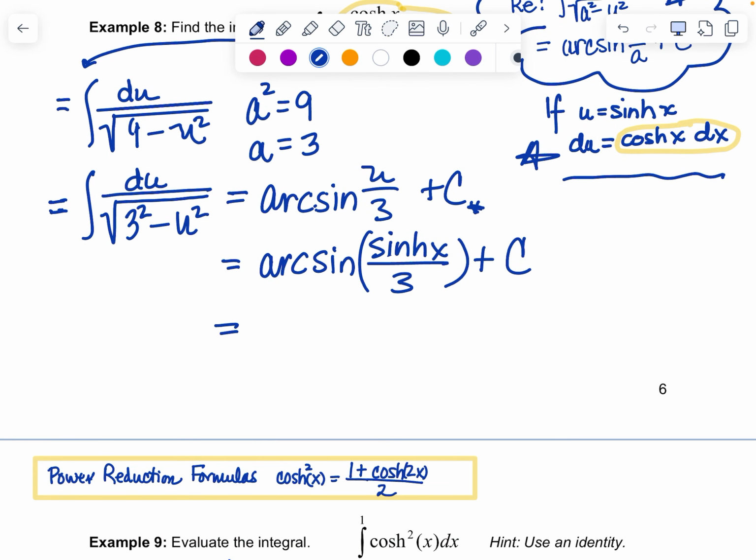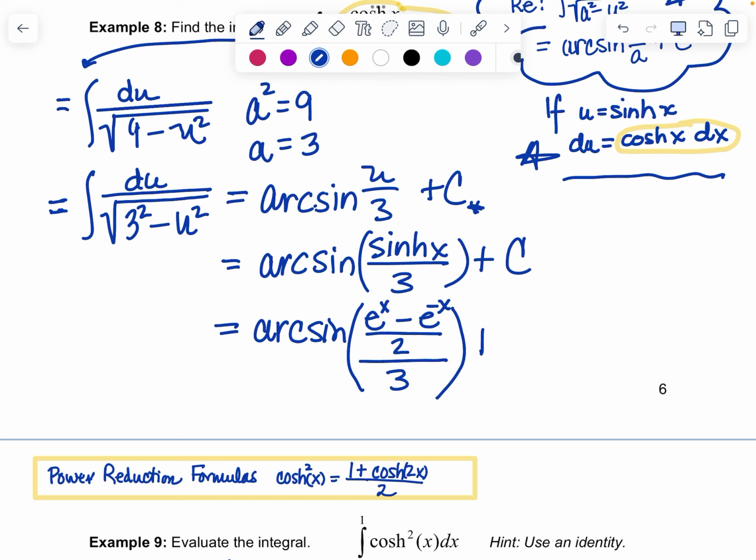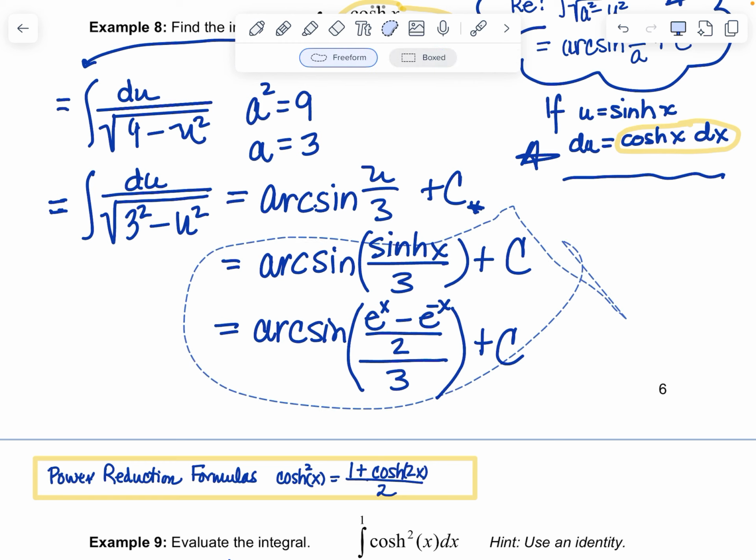And then we're going to put sinh in here as its exponential function. So we get the arc sine of the hyperbolic sine. So it's going to be e to the x minus e to the negative x, and that's over 2, and then that's over 3 plus c. Okay, and then we're going to scrunch this a little bit.